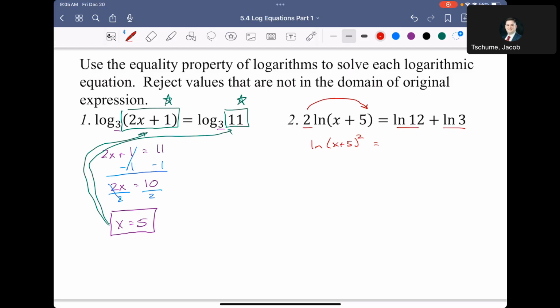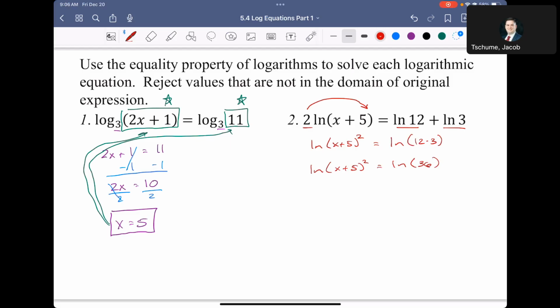And then on the right-hand side, we learned that if you have 2 logarithms being added together, you can put those together as one logarithm and multiply the 2 values together. So 12 and 3 can get multiplied. And so this would give us the natural log of x plus 5 squared equals the natural log of 36.